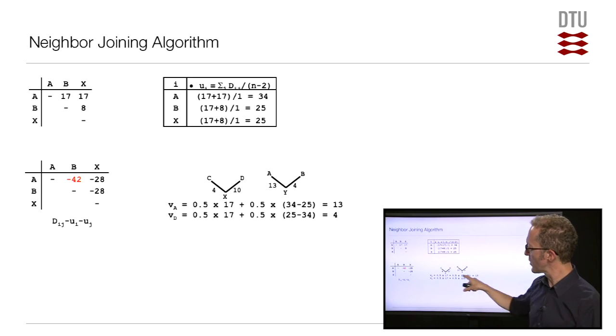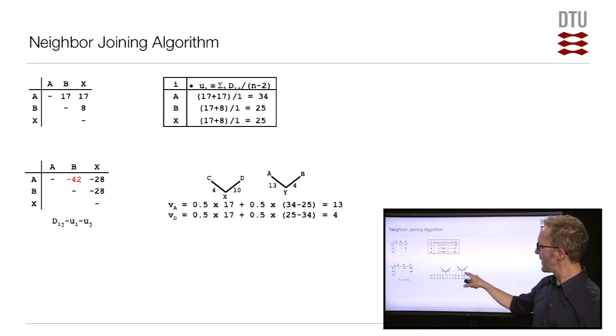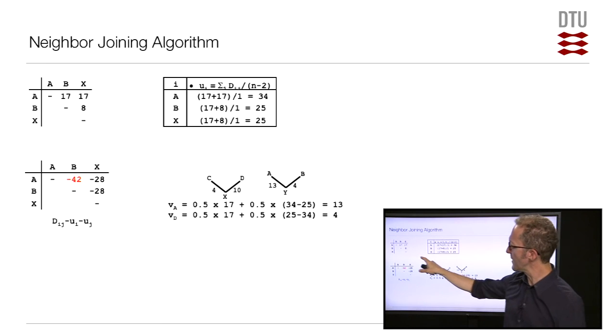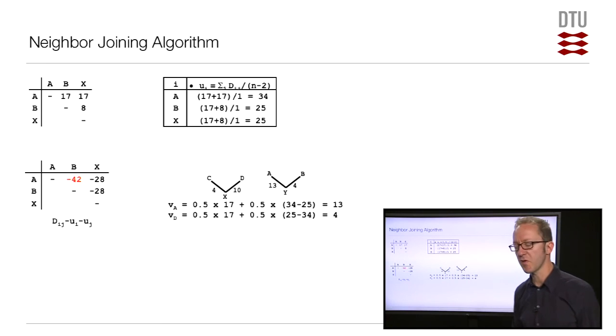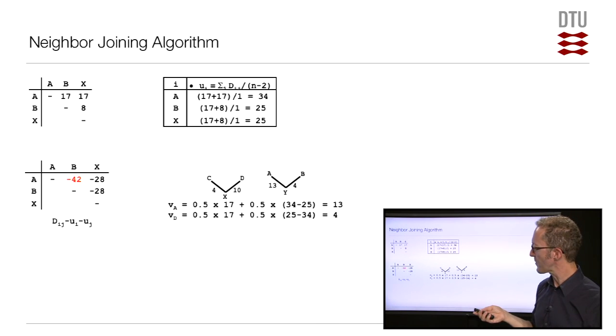Again, we compute the two separate branch lengths using the formulas I showed you before. In this case, they turn out to be 13 and 4. And again, you'll notice that the sum of these, 13 plus 4, is 17. That's the same as the observed distance between these nodes. So again, in this part of the tree, the patristic distance matches the observed distance.